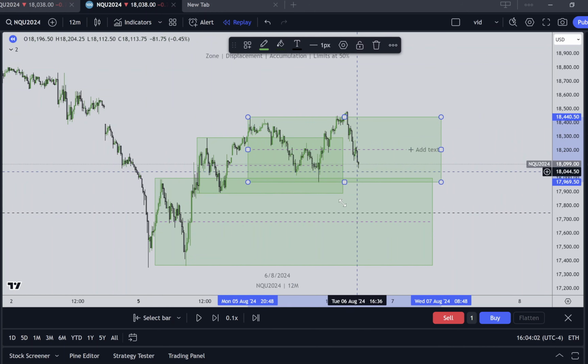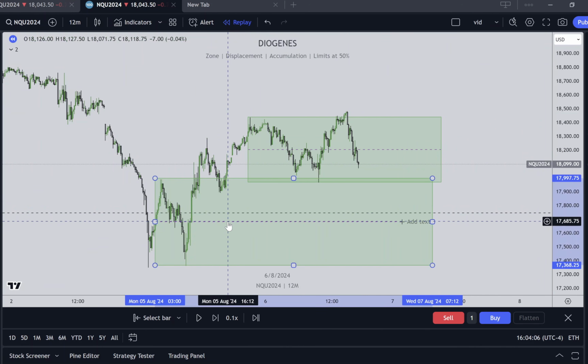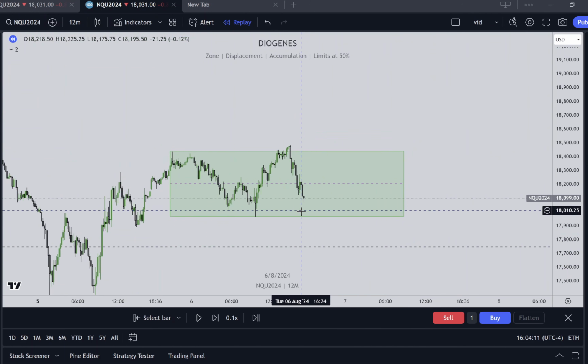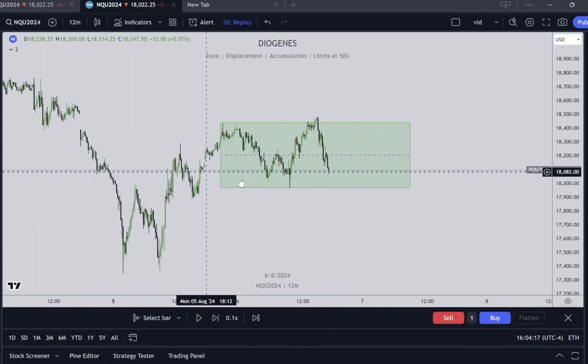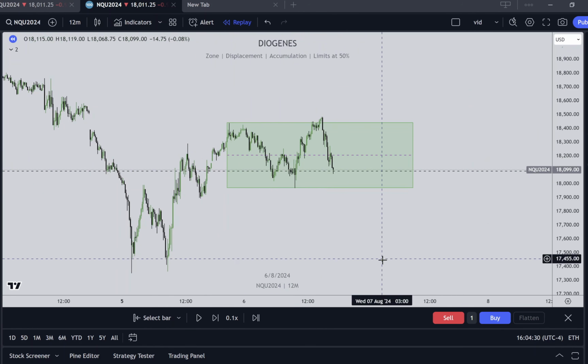Okay, so we were now in this last bullish M12 zone. This is still accumulation above this zone, so that's why price action has been ugly these days.